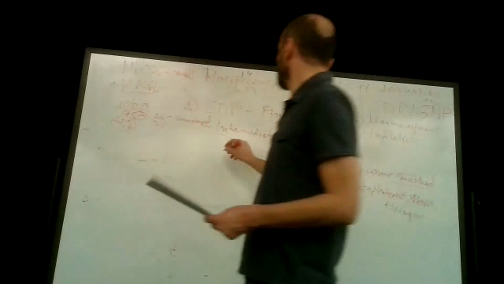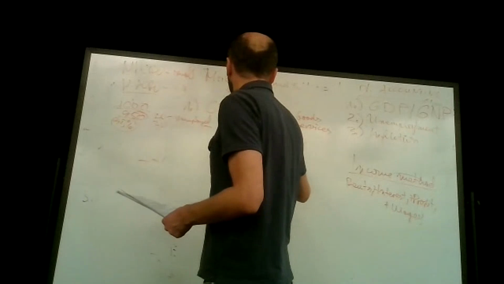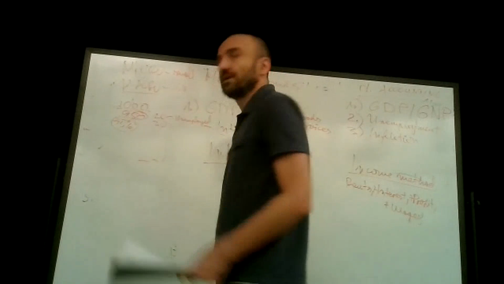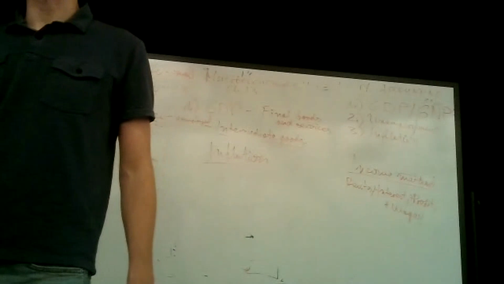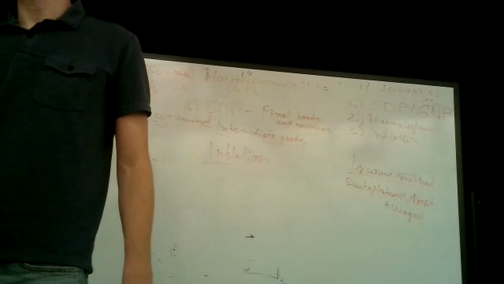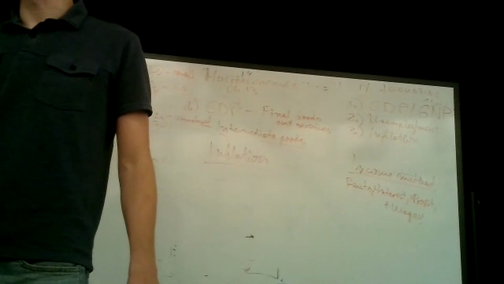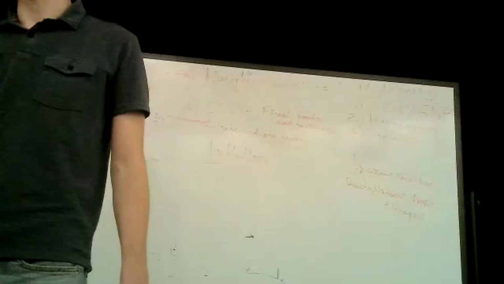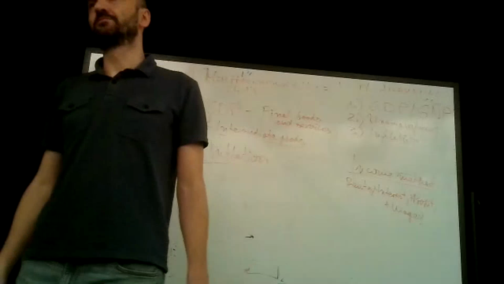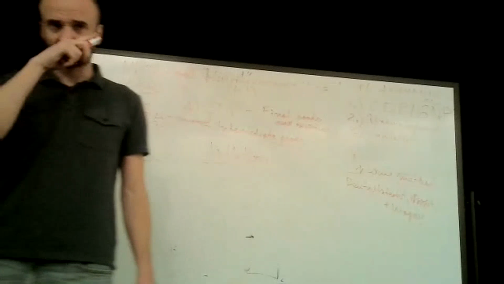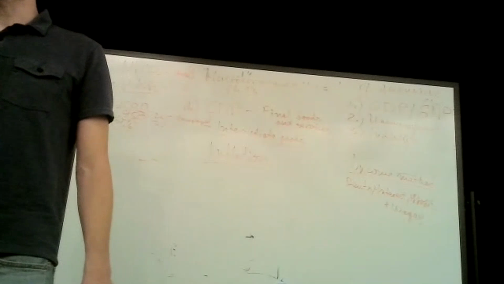Inflation. So what is inflation? It's an increase in the price level, or the decrease in the purchasing power of a monetary unit. That means that for $1 you can buy fewer goods and services. If you have inflation, you can buy less for $1. How is inflation calculated?